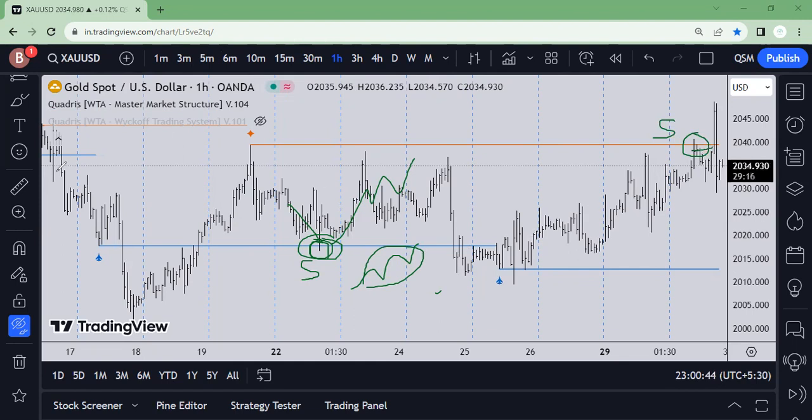Third thing which will happen with this level, price will move with high acceleration through it.